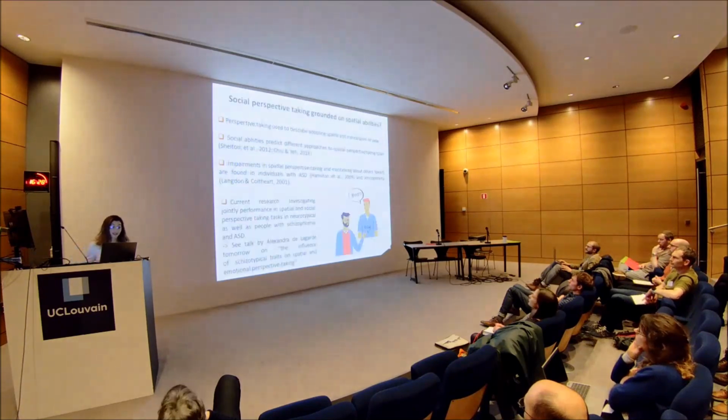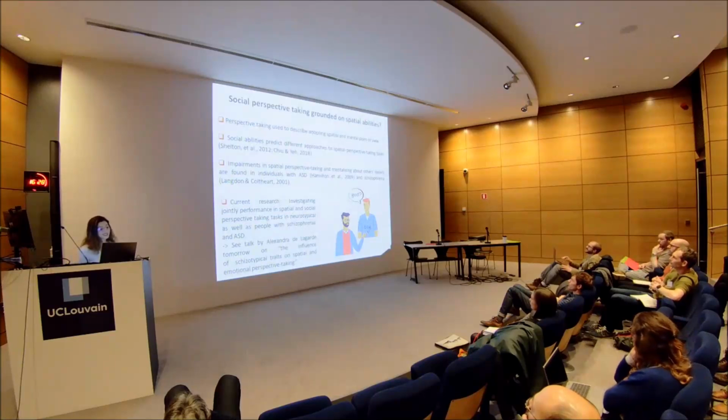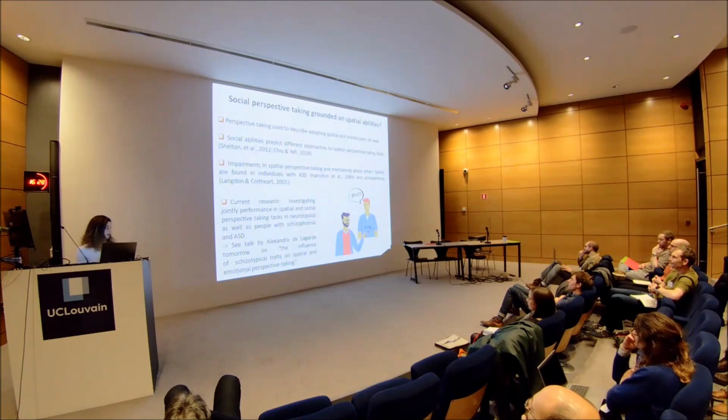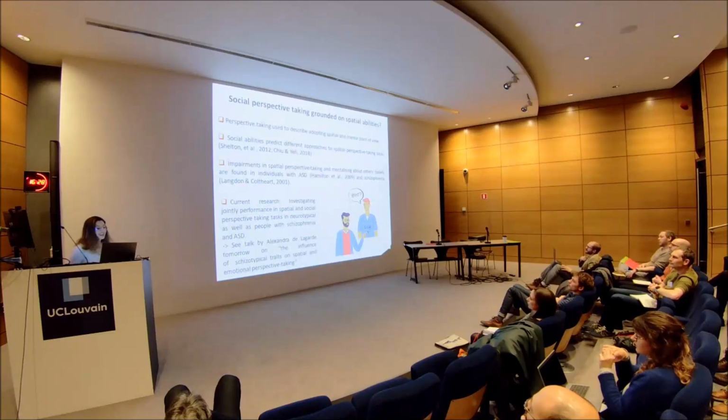And now for the next step, and to continue on what Earl said, we are also interested in investigating the extent to which there's a link between spatial and social perspective taking, with the hypothesis that social perspective taking abilities are grounded on spatial perspective taking abilities.